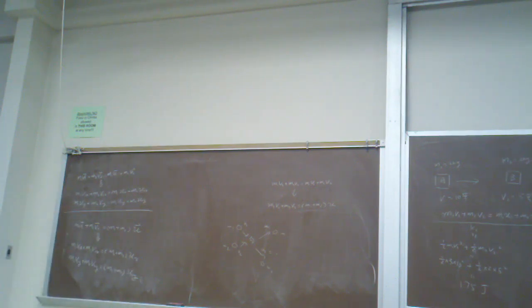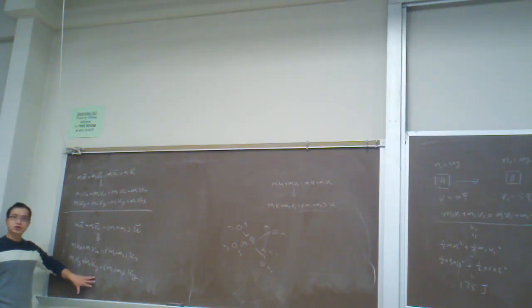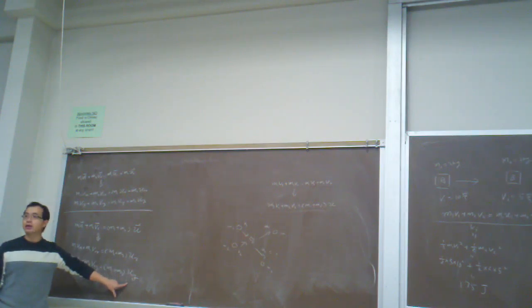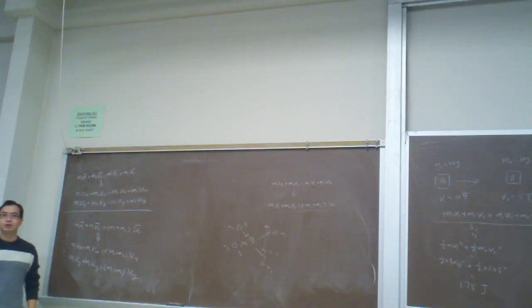Okay. So for this problem, we're going to use the two equations, solve for ux and uy, and then we get u. Any question here for what we are going to do?